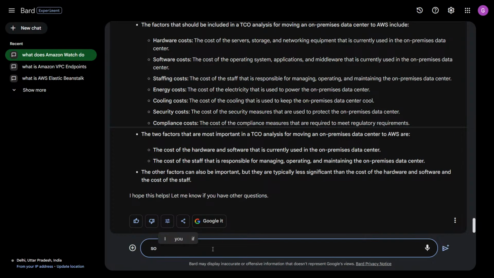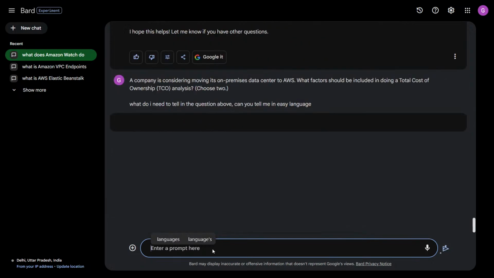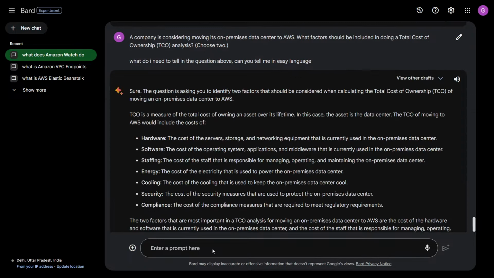So, what do I need to tell in the question above? Can you tell me in easy language? I hope it can. Please don't say yes I can, and please don't tell me the answer, my friend. Let's see, my boy AI. What can he do? Sure, the question is asking you to identify two factors that should be considered when calculating TCO.